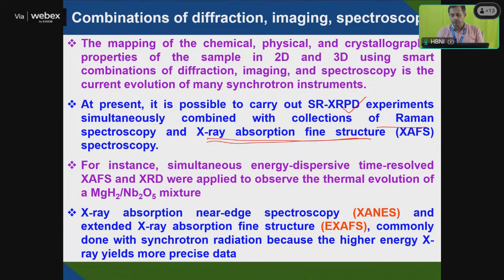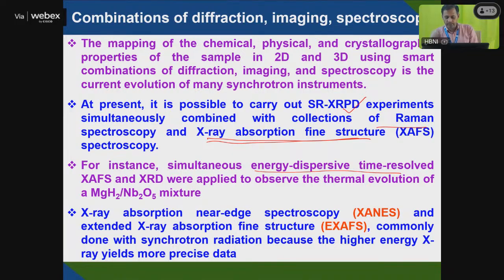With X-ray absorption fine structure, you mainly get the coordination number and oxidation state. So those things can be combined with synchrotron XRD. You can get simultaneous energy dispersive, time-resolved results, where you can differentiate the different X-ray energies, and that information you can get mainly using synchrotron XRD.